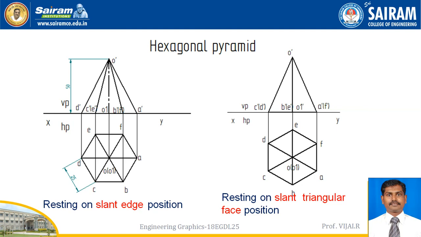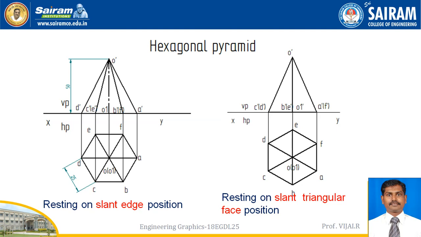Here next is a hexagonal pyramid. The same we are going to follow, that is, resting on slant edge position. How will we keep it? Slant edge is different. Earlier we got short edge is different, so don't get confused. There they will give resting on one of the edges of the base.